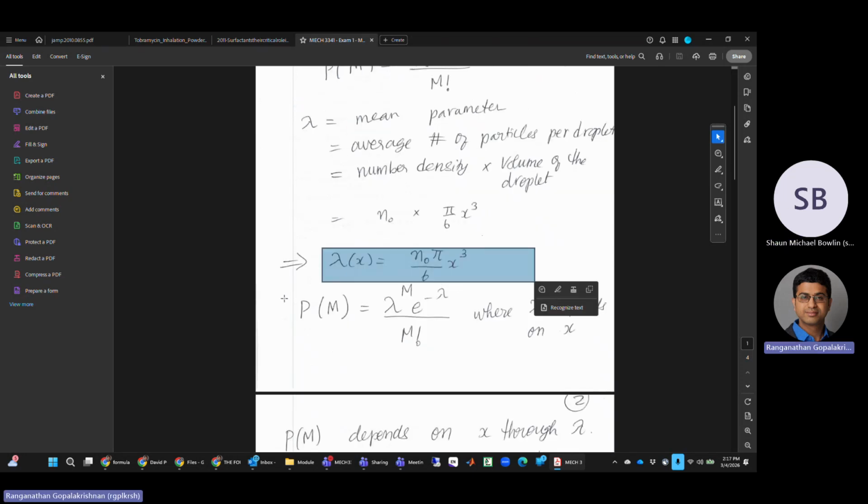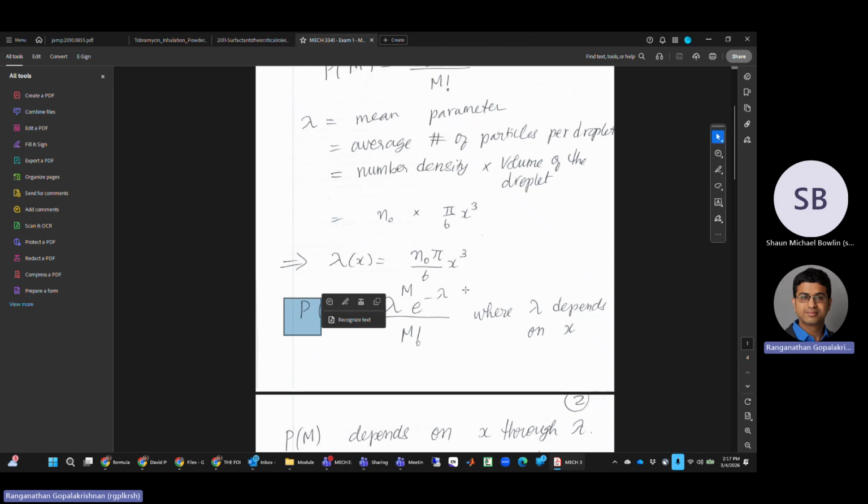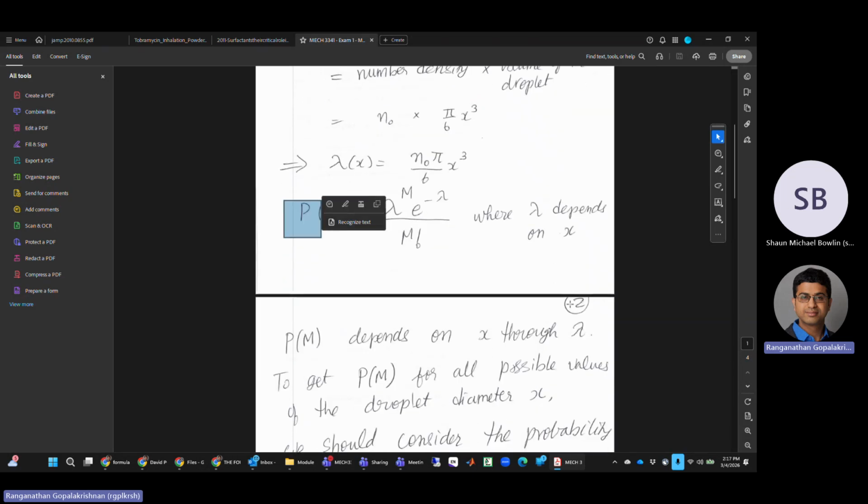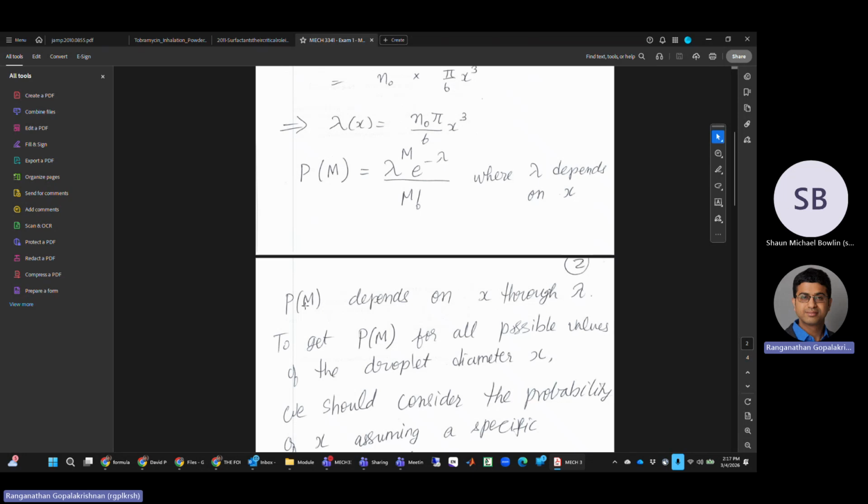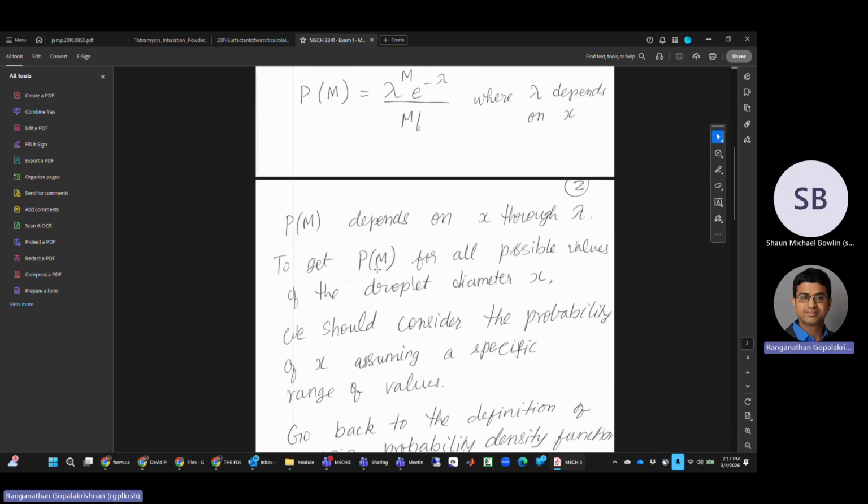So when you write the probability expression where lambda appears and lambda itself depends on x or the diameter, that means P of m depends on the diameter through lambda. To get P of m for all the droplets, considering all possible values of the diameter, we should consider the probability of x assuming a specific value, which then goes back to what distribution that x follows.